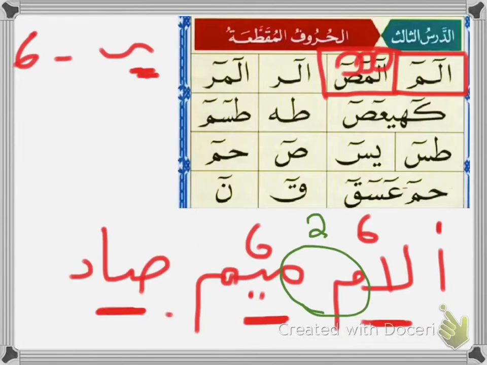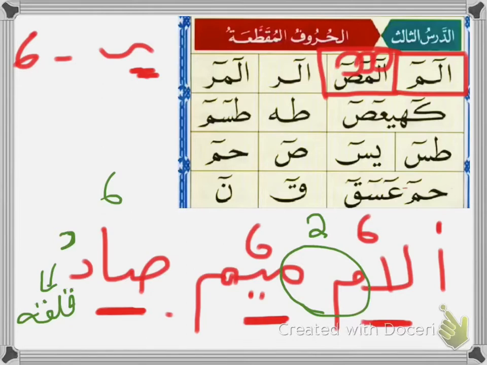And then we have here, when the Dal has no haraka, it's a sukoon, that means it's a qalqala. Just like in lesson 1, when we say the Sad, we say Sad. Over here, the Sad is 6, the length, so we say صاد.